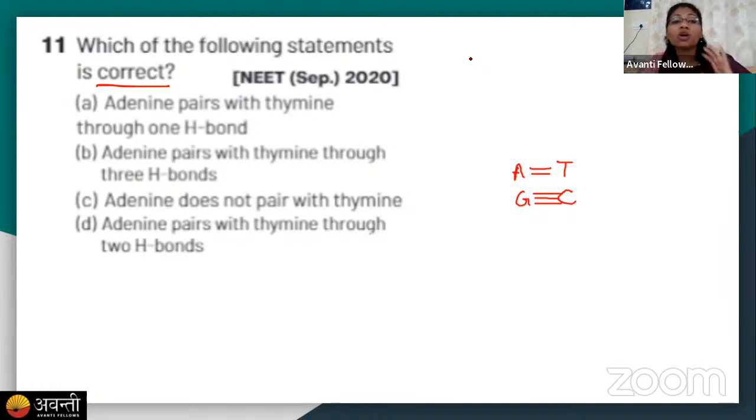You have opted for option D: adenine pairs with thymine through two hydrogen bonds. Yes, that is the correct answer.